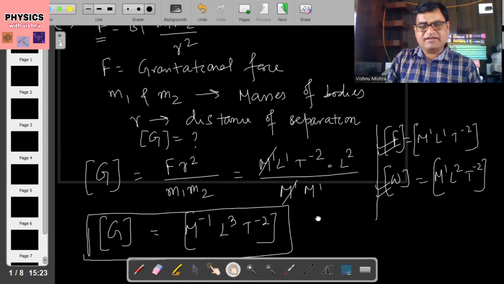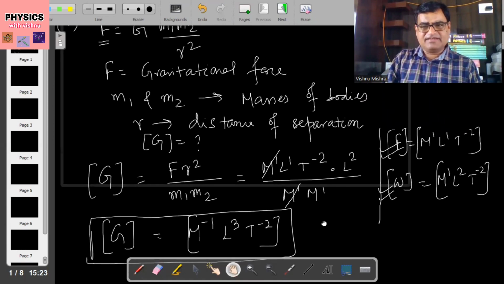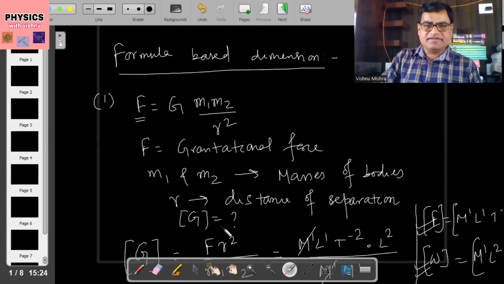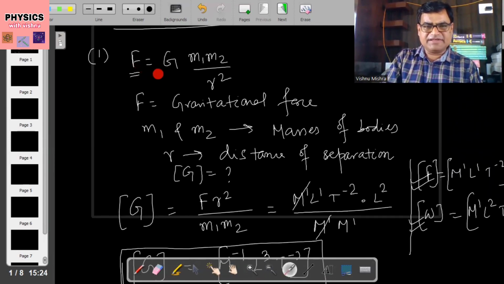So how to calculate? Understood this? The formula is given to you and you have to find the dimension of this constant. Put the dimension of F, of M1, of M2, and of distance. Just like in mathematics, you cross multiply here.